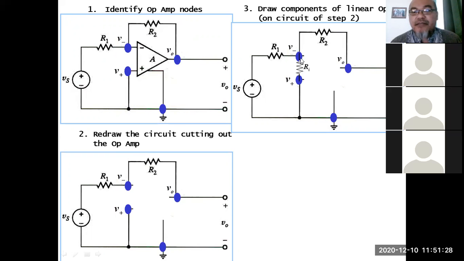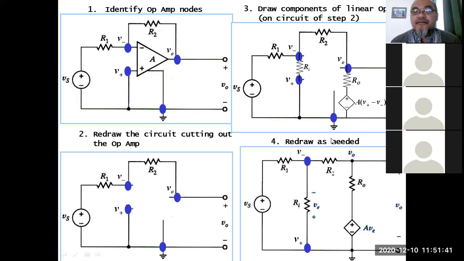This is the input impedance, Ri, and at the output is the output impedance connected to the voltage dependent voltage source, A times V plus minus V minus. Then we redraw it again like this.